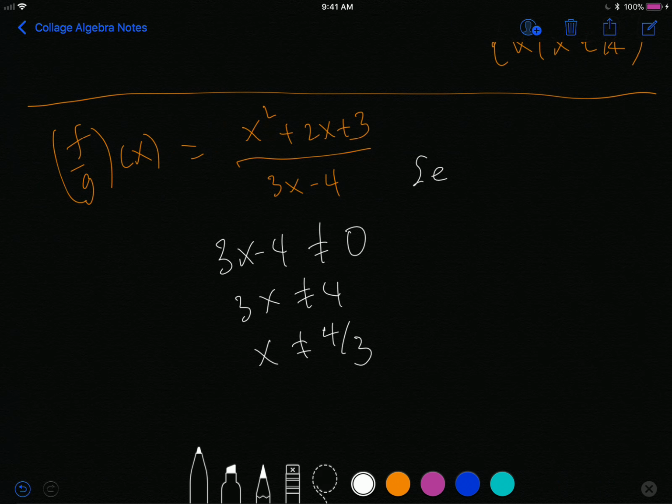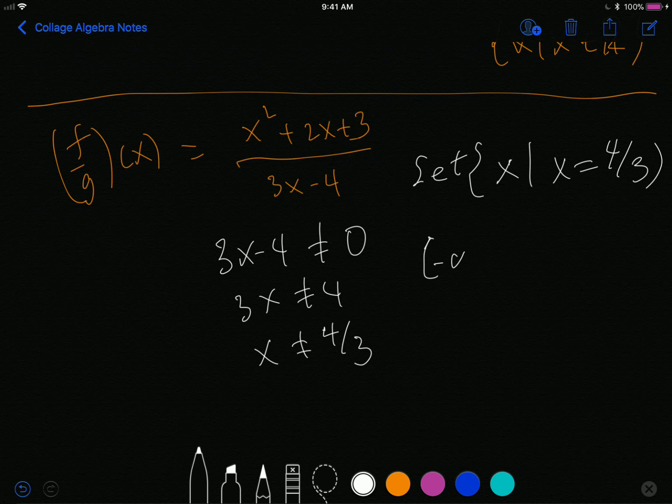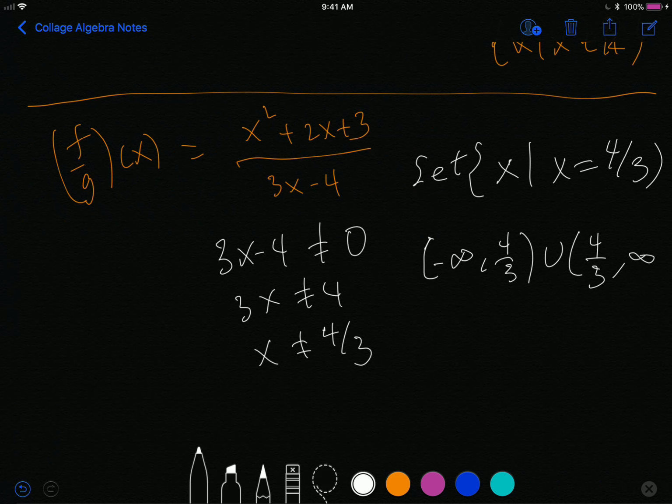The domain in set builder, x such that x cannot be 4/3. I'll skip the graph. And then your interval notation will be negative infinity to 4/3, open circle at 4/3, and then you go until you reach infinity and beyond.